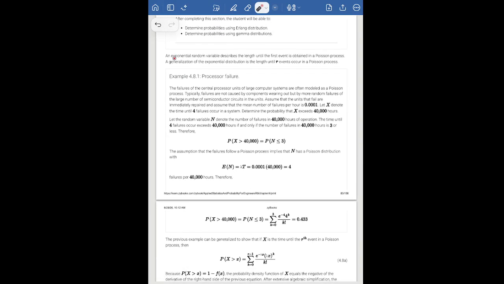For example, you can have the exponential random variable describing the length until the first time you have an event obtained in a Poisson process. And then the generalization of the exponential distribution is the length until r events occur in a Poisson process. So we can look at things like processor failure.